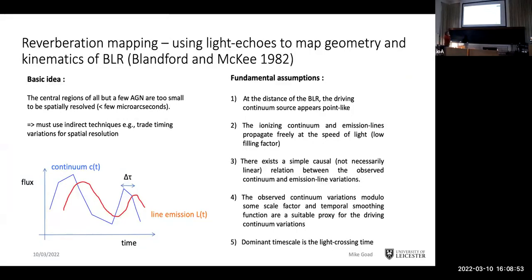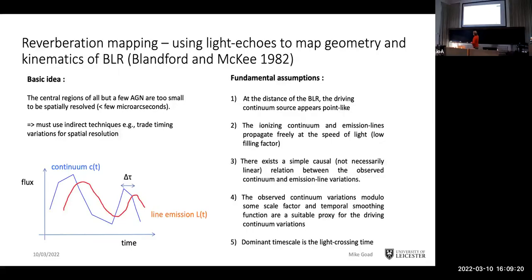Going back to the opening slide, the blue line here is my driving continuum, which I never measure. I measure a proxy for it, typically the shortest UV band available. The red line is a smeared in time, reduced in amplitude version of the driver, because the broad line region is spatially extended and responds to changes in the ionizing continuum.